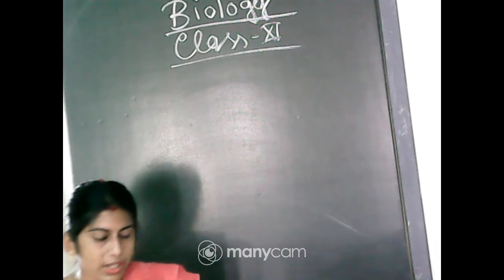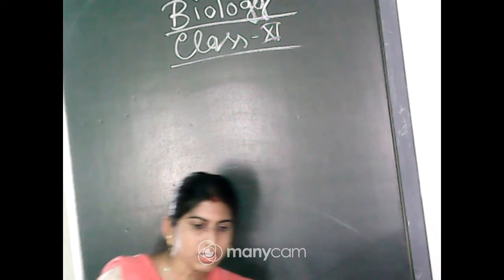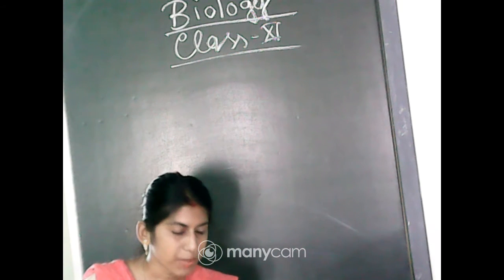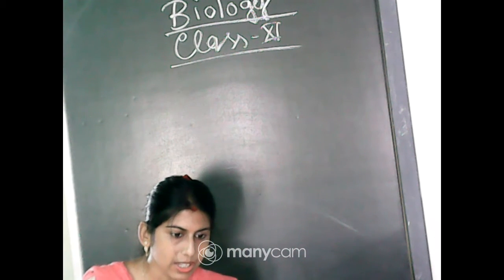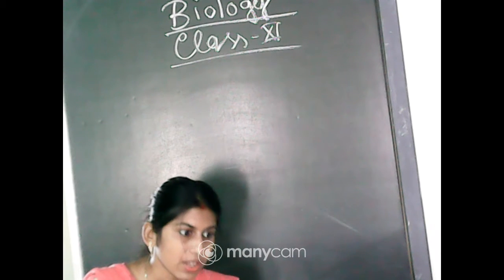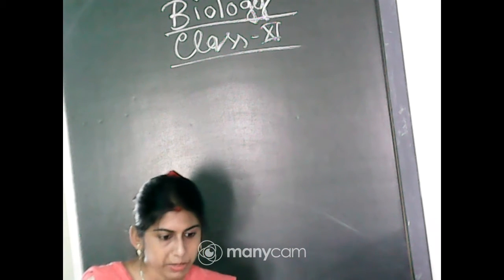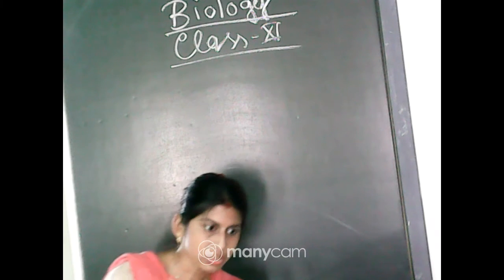You know the different steps of light reaction. I am repeating those. First is absorbance of sunlight, then with the help of that sunlight, photolysis of water, formation of chemical intermediates like ATP and NADPH, and release of oxygen.